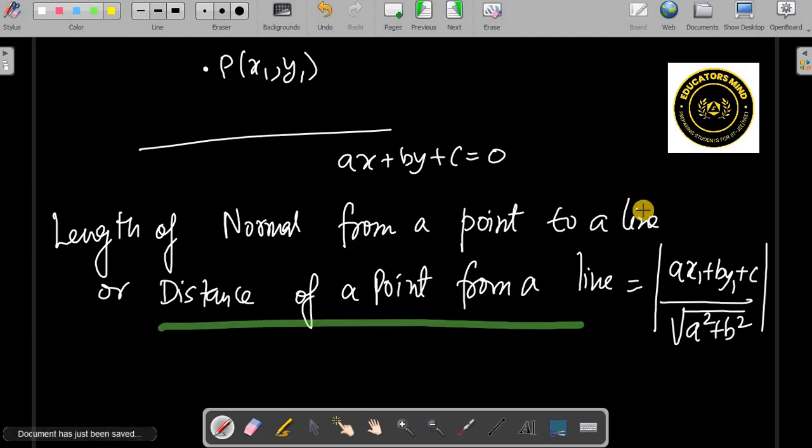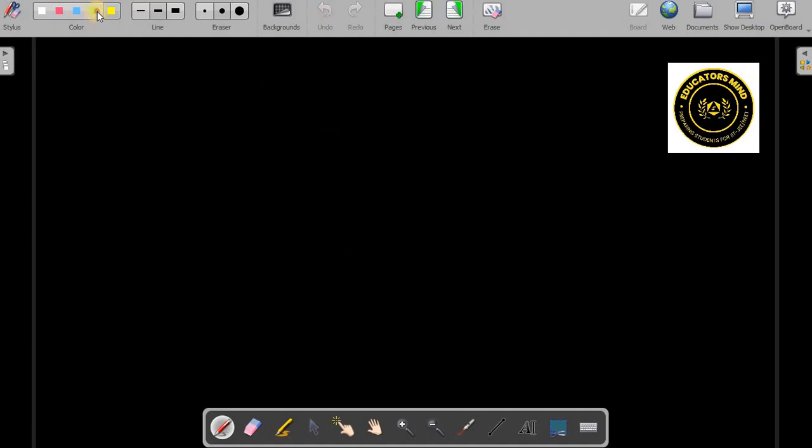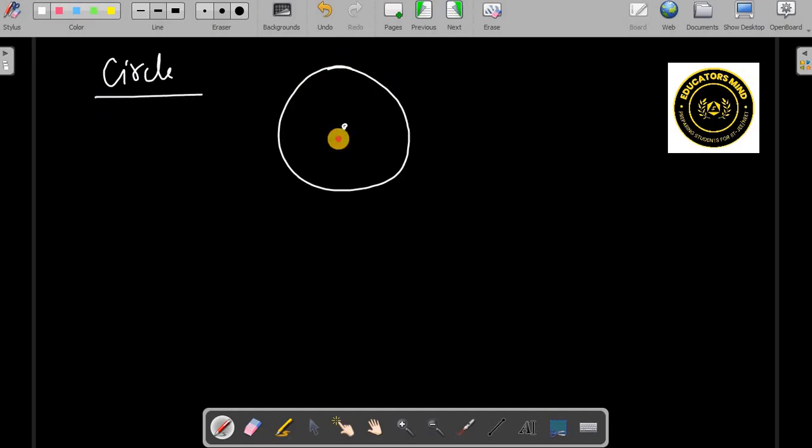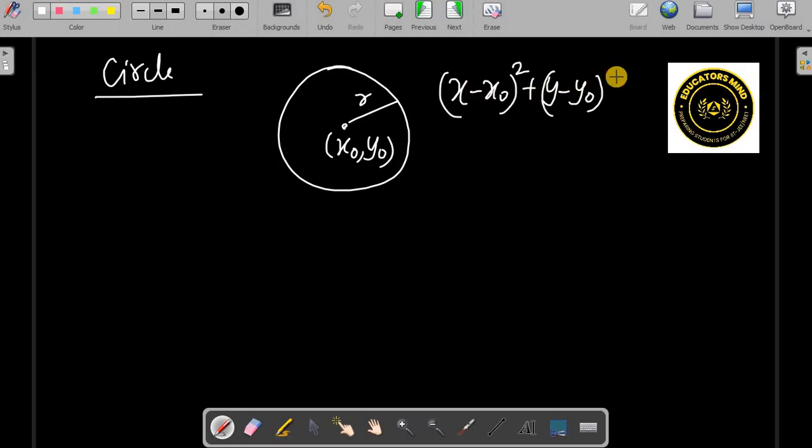Okay, then let's go to circle. I think circle is very basic, right? So circle general equation will be, suppose the center is x naught y naught and the radius is r. So the general equation is x minus x naught whole square plus y minus y naught whole square is equal to r square.